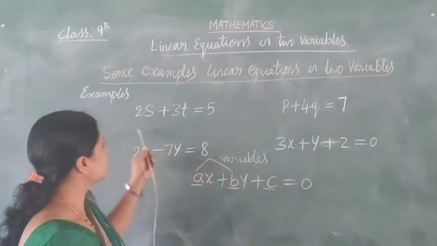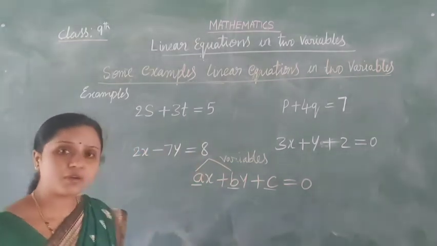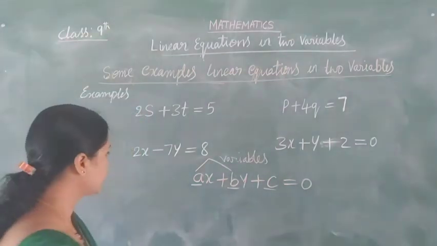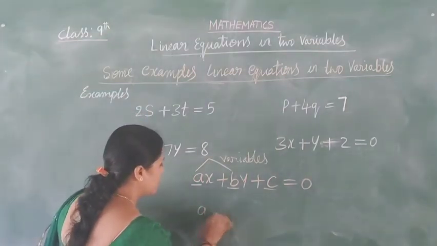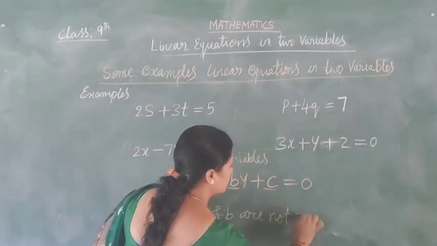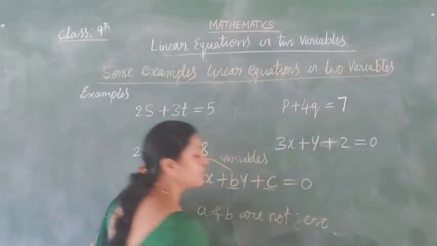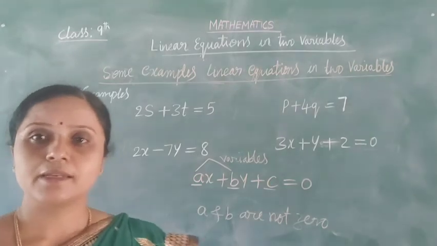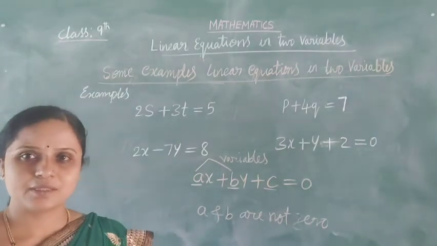Students, you can see this. But one more condition is that a and b are not 0. Then only we say this is a linear equation in two variables.